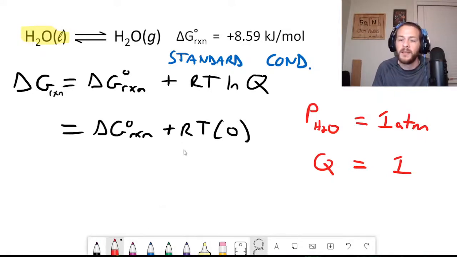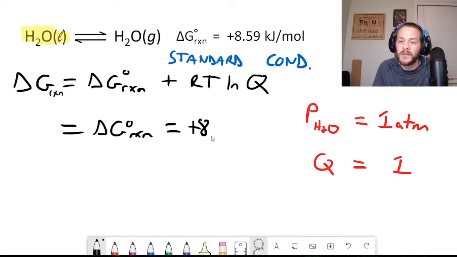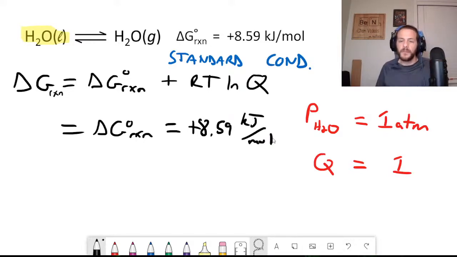So this entire term just cancels out completely. Under standard conditions, delta G is equal to standard delta G, which is equal to positive 8.59 kilojoules per mole. So we're starting to see how this equation works and why it makes sense.